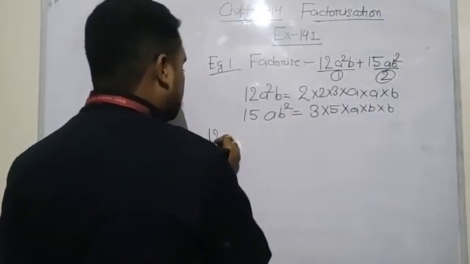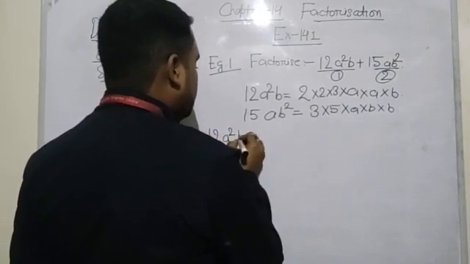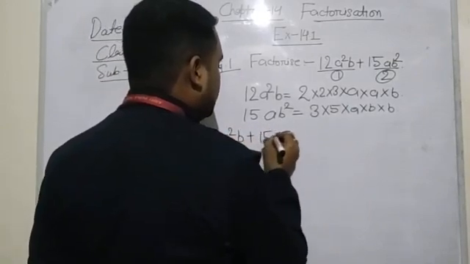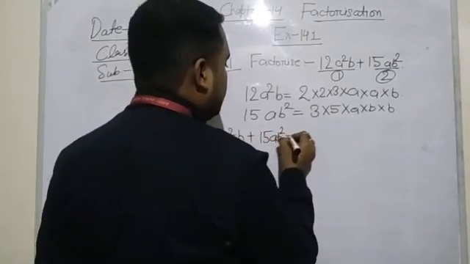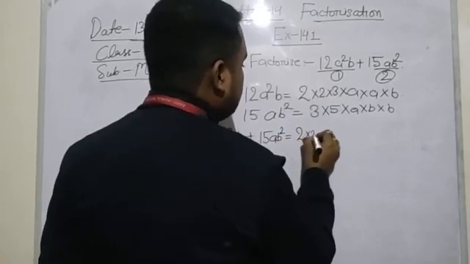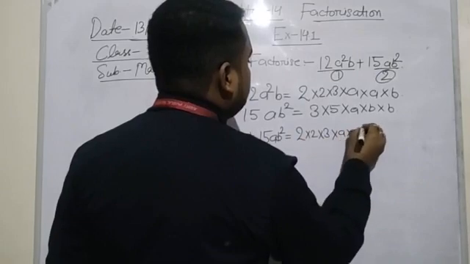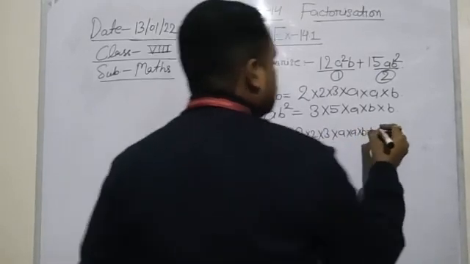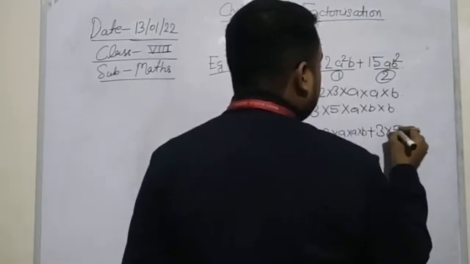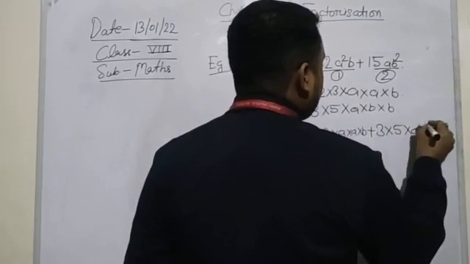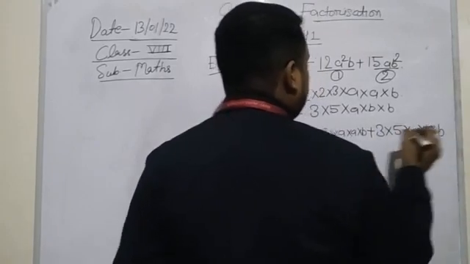Now 12a square b plus 15ab square can be written as 2 into 3 into a into a into b plus 3 into 5 into a into b into b.